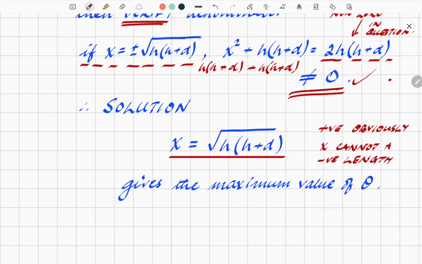So bear that in mind. And that value of x gives you the maximum value of theta. All right, so that's the solution to that question.